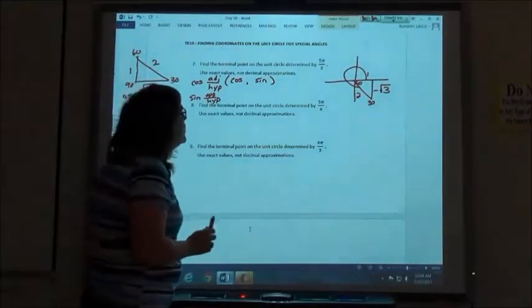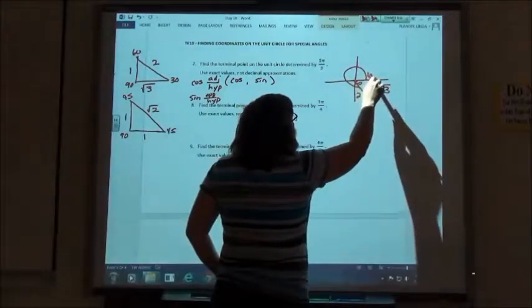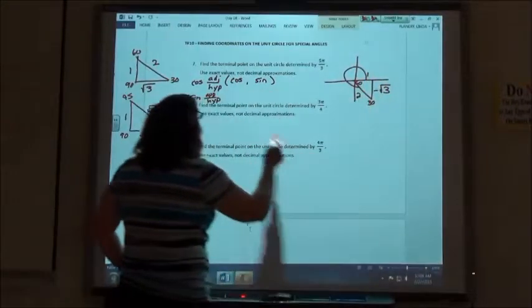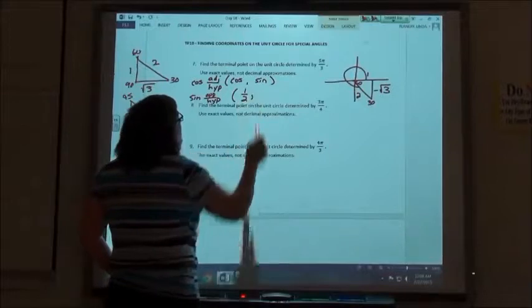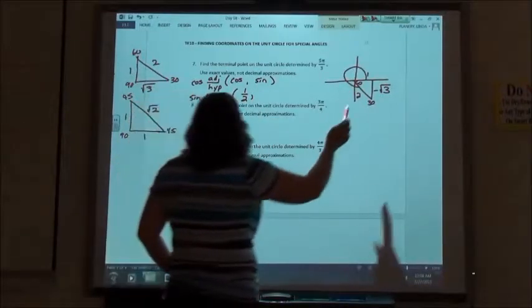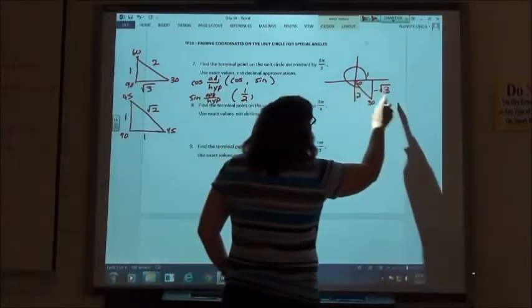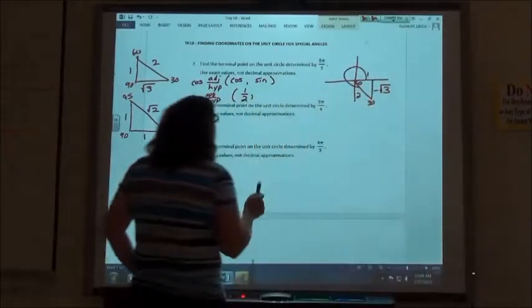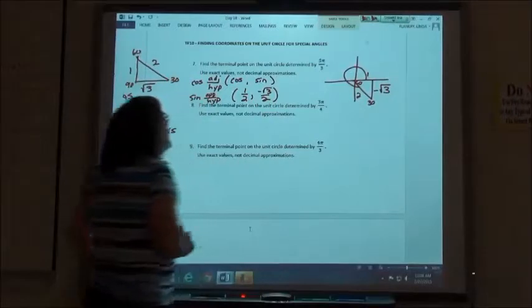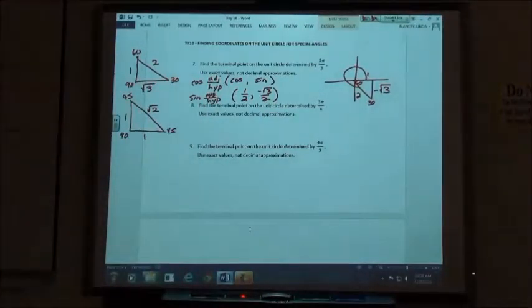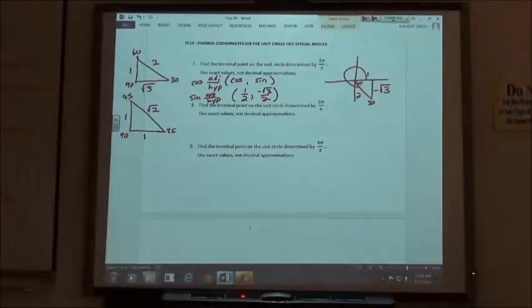So when I look at this one, the adjacent is 1, the hypotenuse is 2, so my cosine is going to be 1/2. My opposite is going to be negative square root of 3. My hypotenuse is 2, so negative square root of 3 over 2. And so my terminal point on my unit circle then would be at 1/2 and negative square root of 3 over 2.